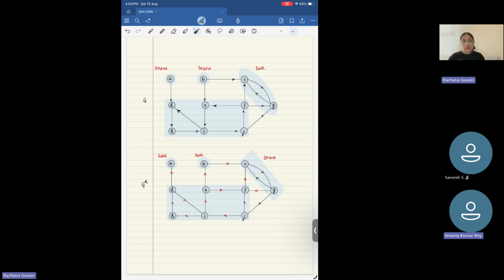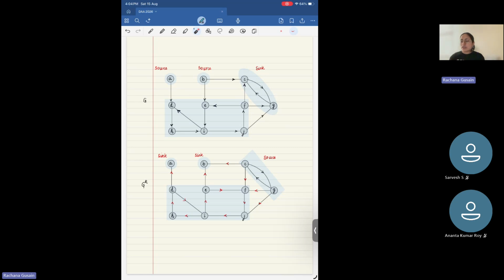And this approach of decreasing finish times is a different approach from the one where we recursively change the source and sink. That will require more work. That was just for the explanation, that I can recursively find all the strongly connected components that way.